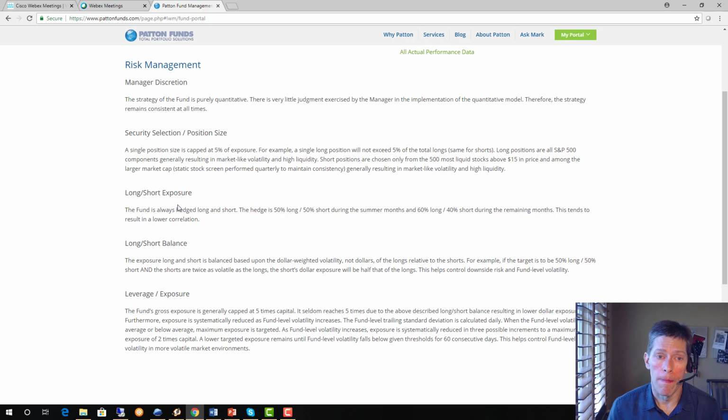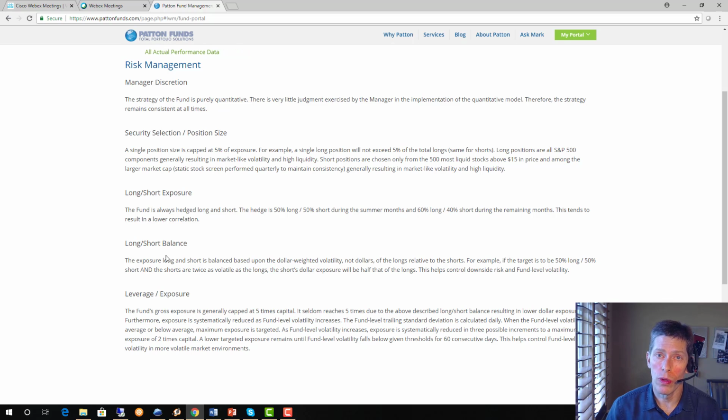We maintain these long and short positions, of course, and we control the exposure, meaning the balance between longs and shorts. Sometimes we are neutral, and sometimes we have more longs than shorts during certain months, but there are controls in place for that. There's a balance between the longs and shorts based upon volatility.